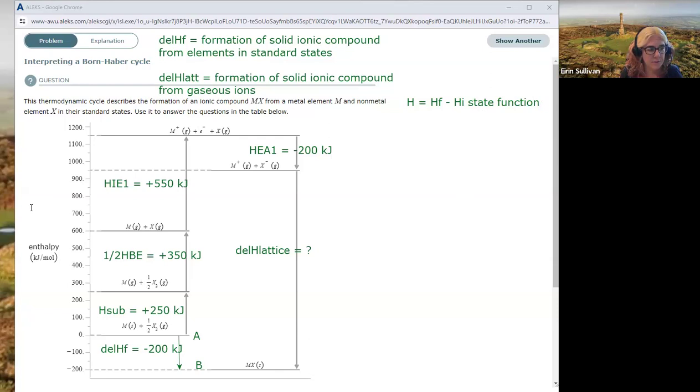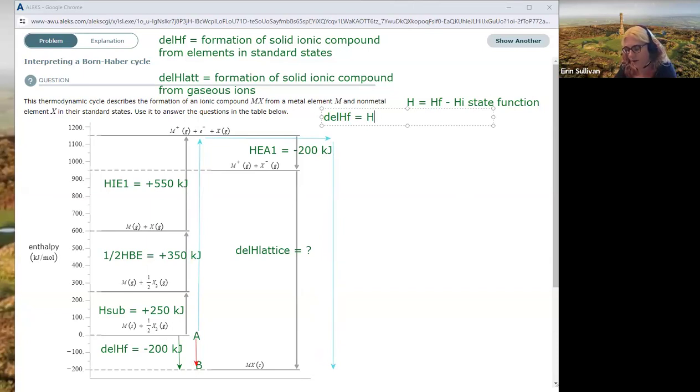Let me just do some colors here. You can either go from A to B direct like this, and that is your enthalpy of formation, right? Or you could go from A to B all around the houses. So you could go from A all the way to B like this, okay? So we can write an equation for that. You can write that the standard enthalpy of formation is equal to the sum of all these steps going around the other way.